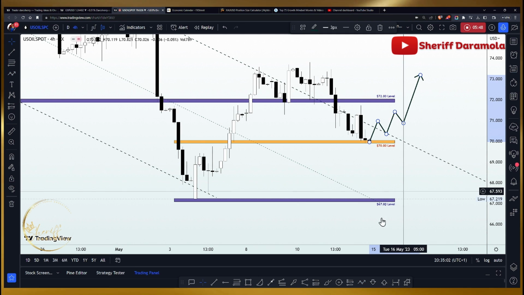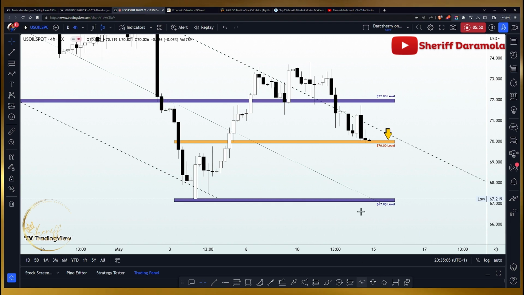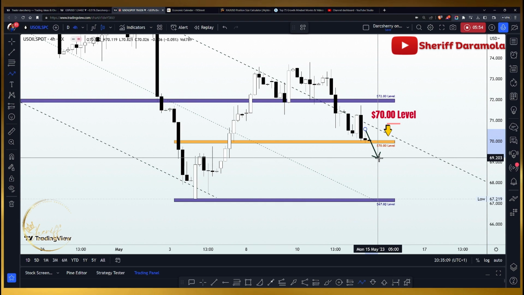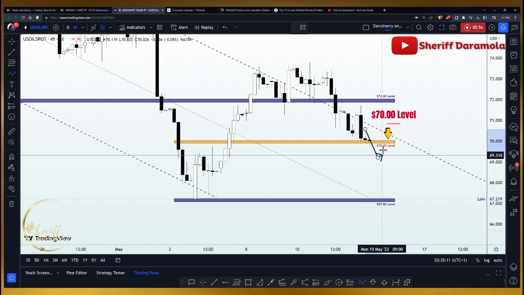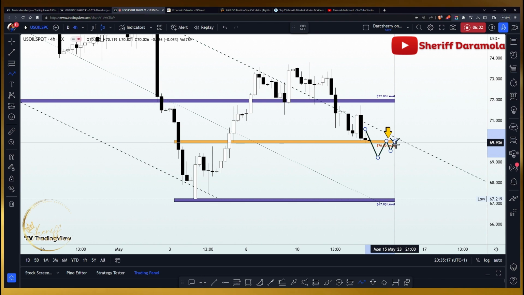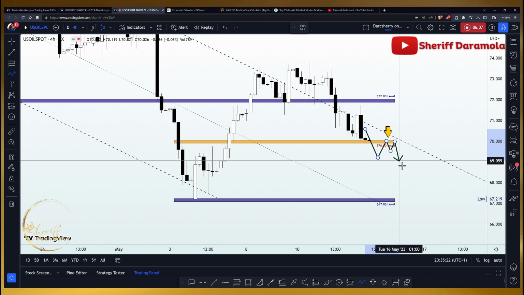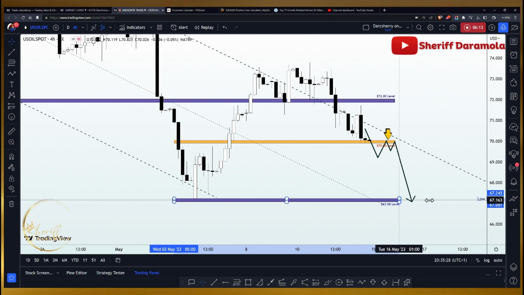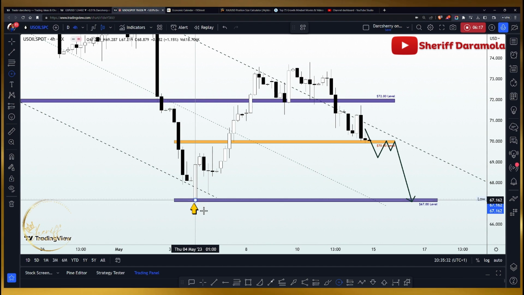However, if price action drops below the $70 level, then at this point I want to be looking out for selling opportunities. A retest of structure followed by selling pressure below both the $70 area and the resistance line of that descending channel will welcome more opportunities in this market, and it now depends on how price action reacts to the $67 level here, a level which has held a buying niche at one point.